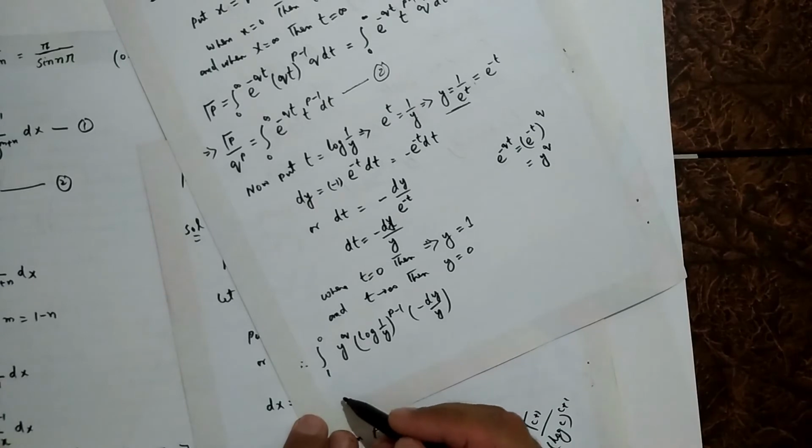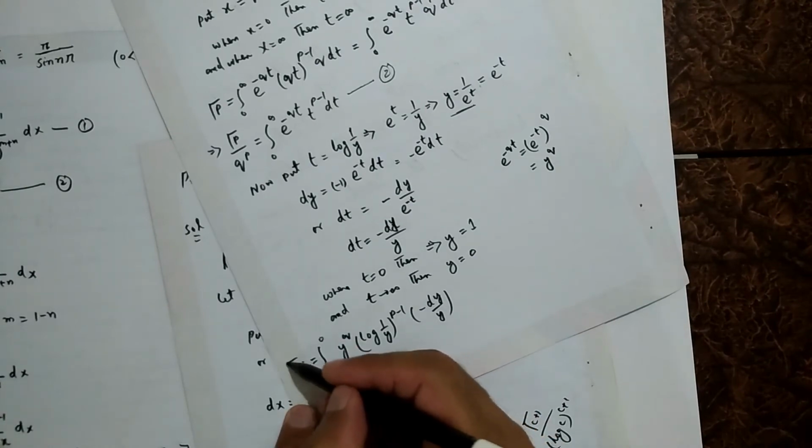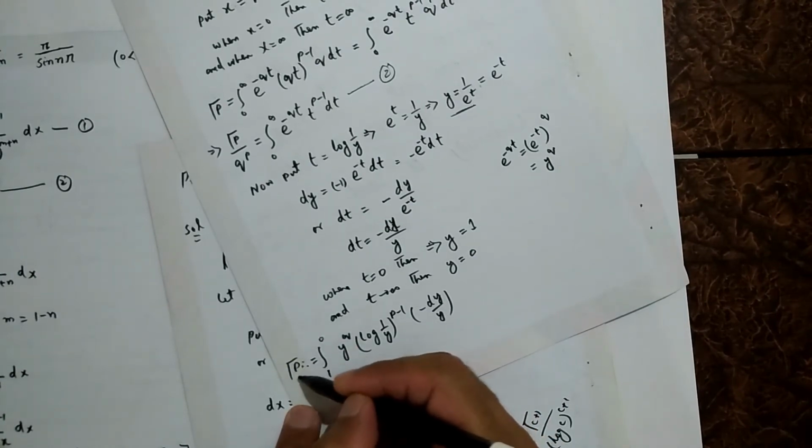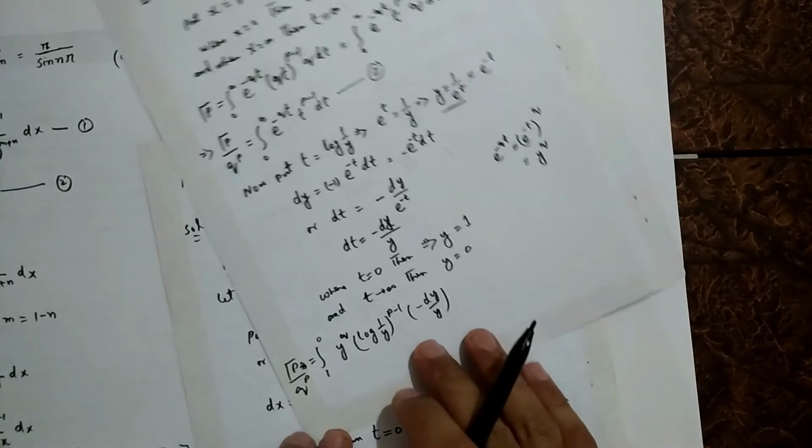Here the left side is gamma p upon q to the power p. Clear?